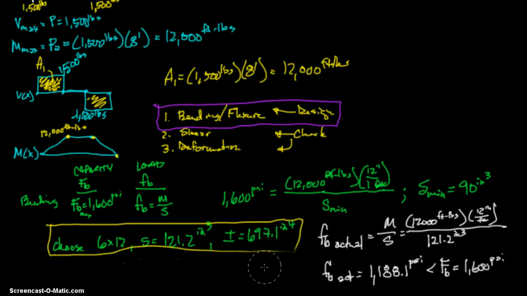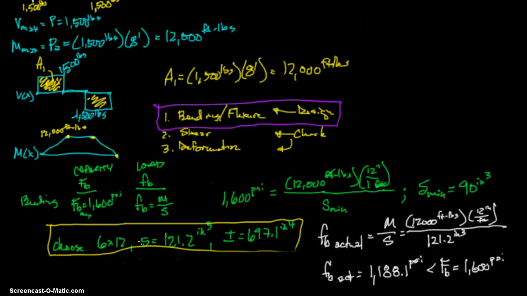So what we'll do is continue on, and what we want to do is check the shear and check deformation. Remember, we designed for bending. All right, so let's do that. And for shear, let's open another sheet here. All right, blank sheet, and let's go ahead and write down what our stuff is here.